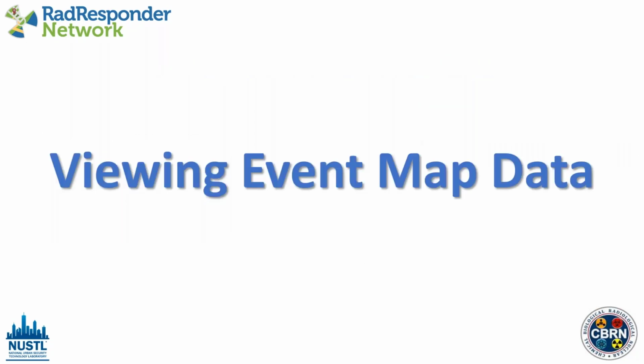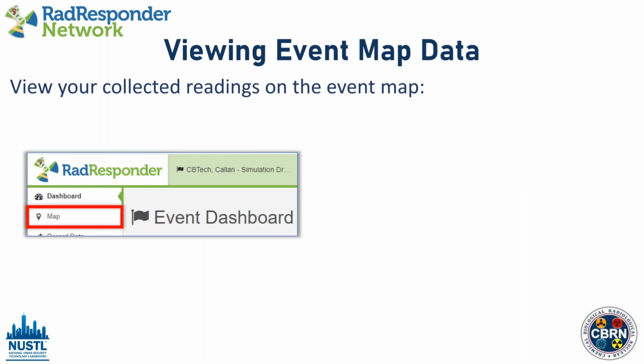So during the drill, it will let you know how many readings you will need to collect and things along those lines. But once those readings are collected, you are going to want to view this data on the event map. To navigate to the map, we are back on the website now.